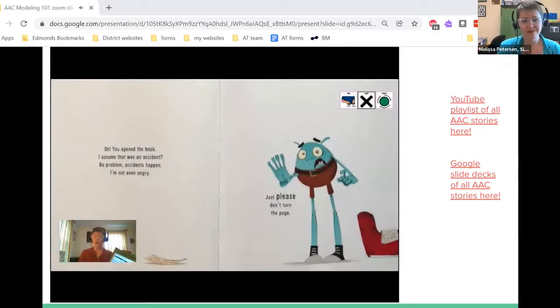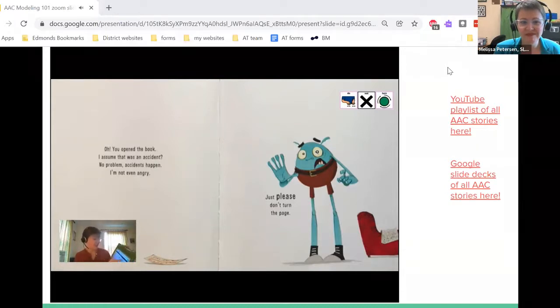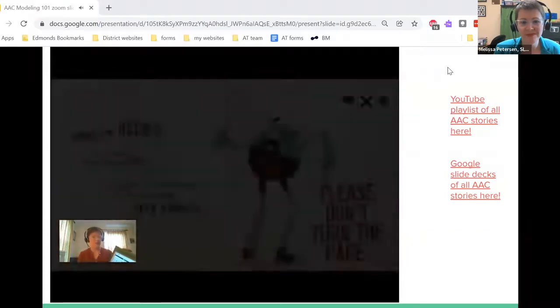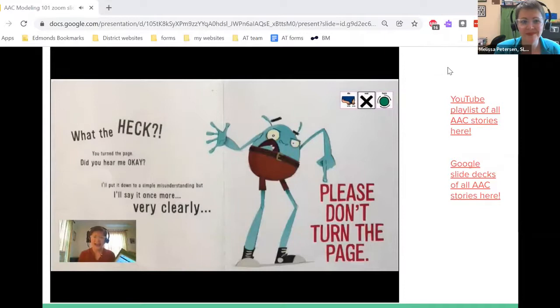Oh, you opened the book. I assume that was an accident? No problem. Accidents happen. I'm not even angry. Just please do not turn the page. What the heck? You turned the page.